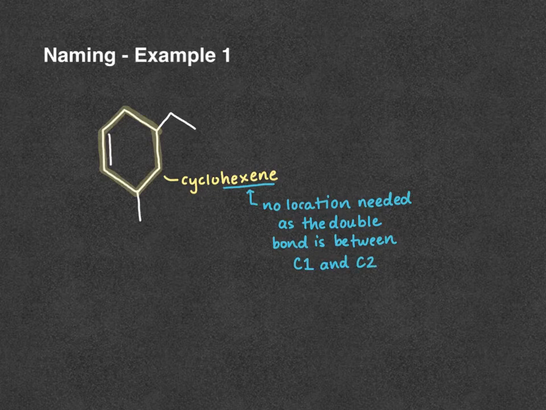So we know that in this diagram, carbon 1 will either be the top carbon of the double bond or the bottom carbon of the double bond. We're going to look at our functional groups before we assign any numbers. So we have two functional groups. We have this ethyl branch and we have this methyl branch.